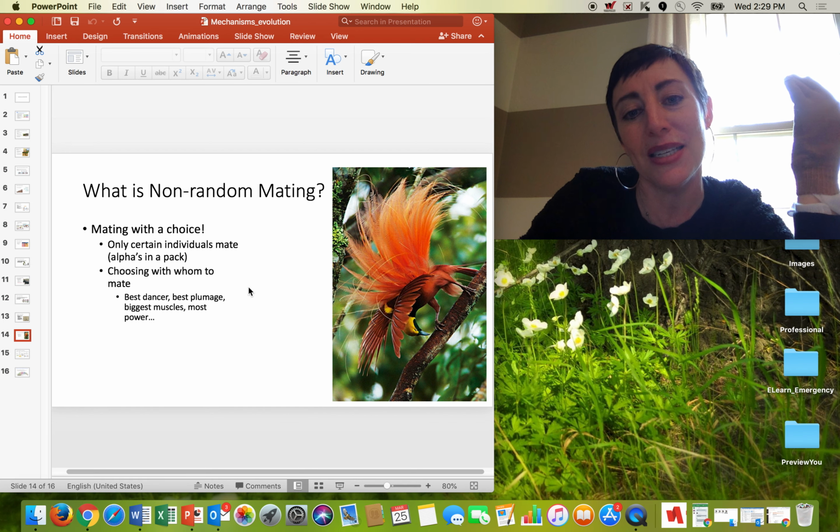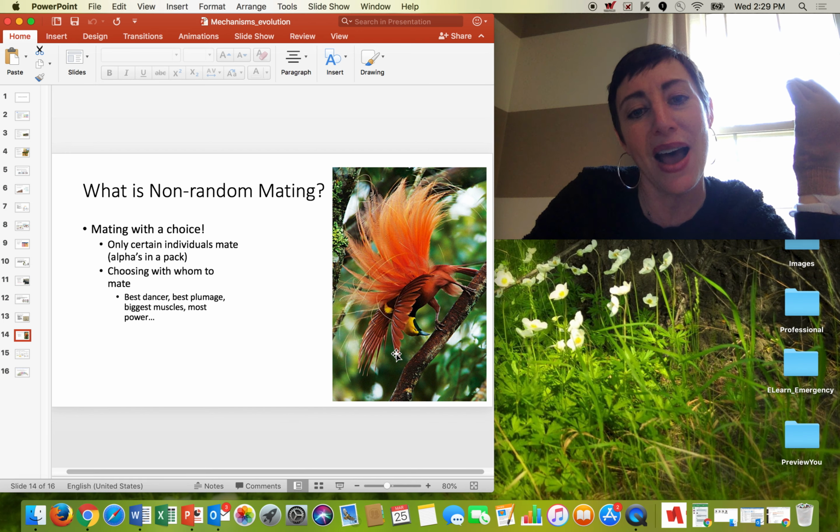So sometimes we see this in birds a lot. Like you can see this bird right here. He's got all these beautiful feathers. And we're like, woo, you are so super cute. I want you to have my baby. Okay, so that is non-random. She's making the choice about who she wants to have her babies with. That causes evolution in a population because we're choosing traits that we like.